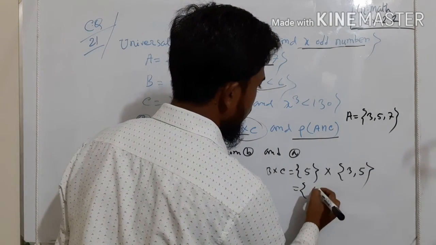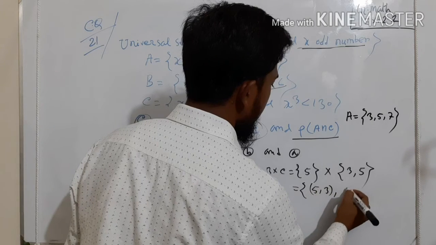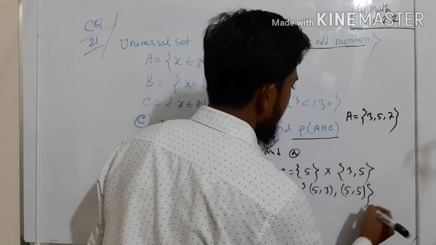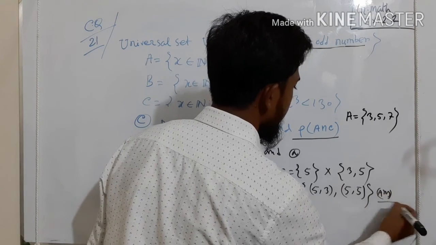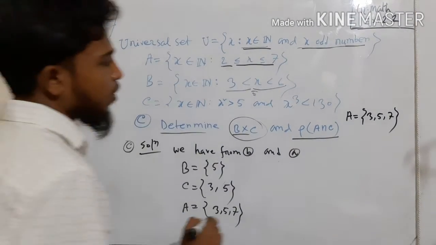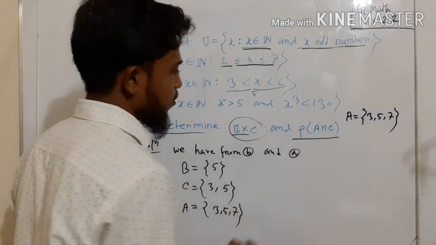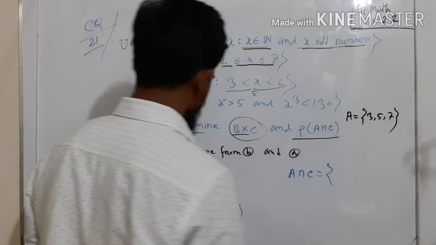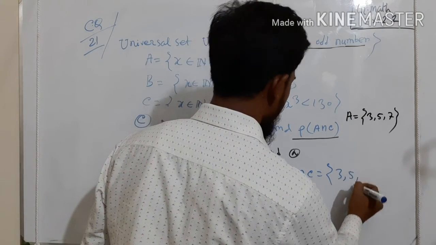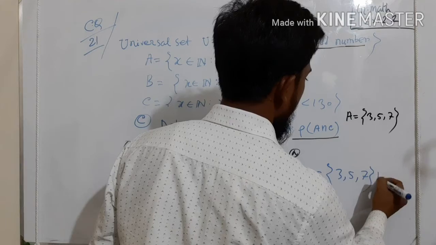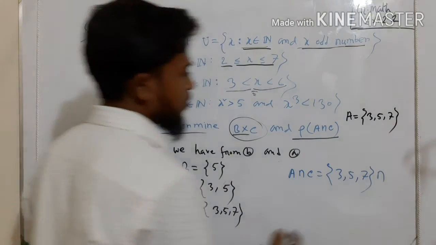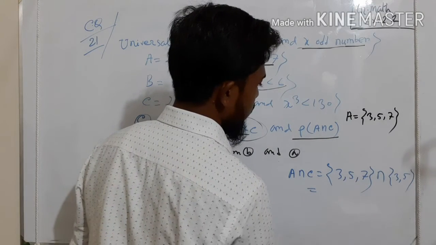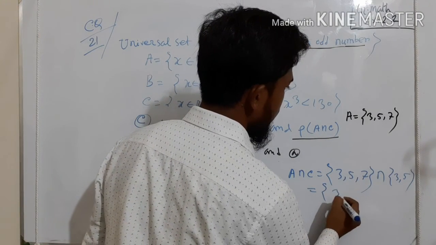So (5, 3) and (5, 5). This is our answer. Now I will find the value of A intersection C. So A intersection C equal to here {3, 5, 7} and C's value is {3, 5}. So A intersection C, that is {3, 5}.